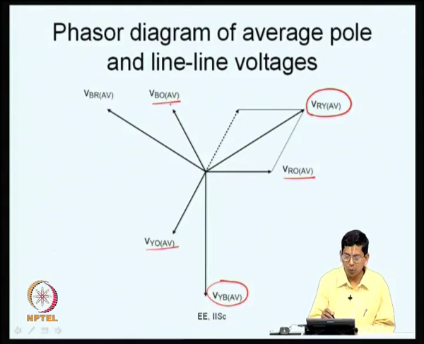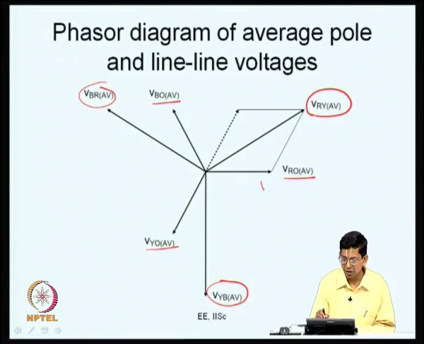Similarly, VBO average minus VRO average gives you VBR average. So, these are the 3 line to line voltages that you apply. So, ignoring the harmonics, of course, you get sinusoidal voltages that are applied here now. You are able to control both the frequency and the amplitude of this.